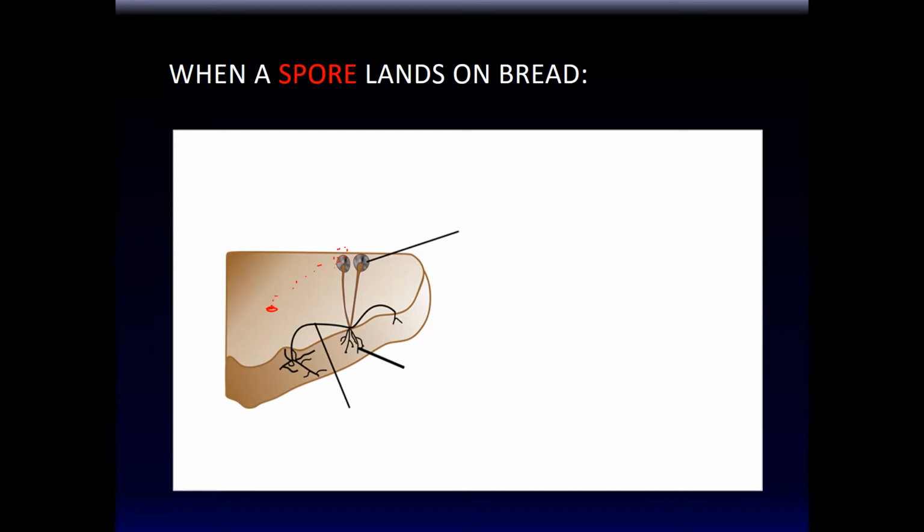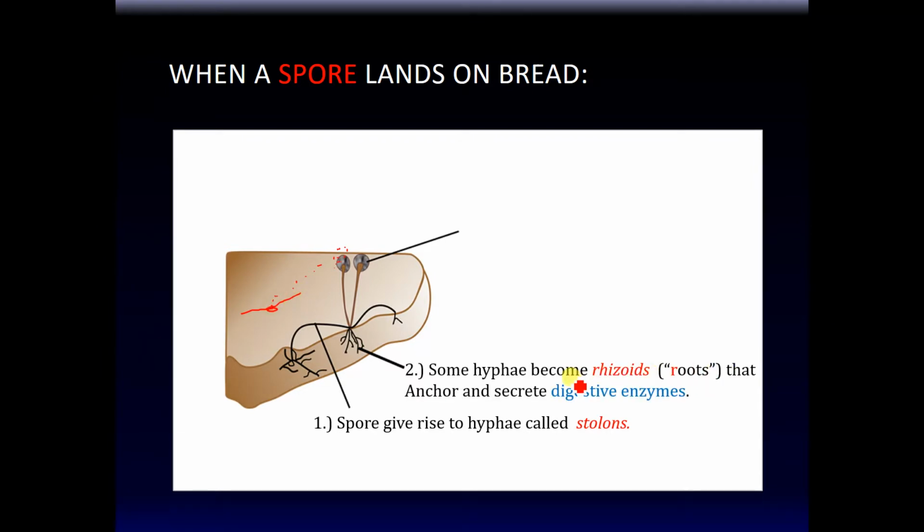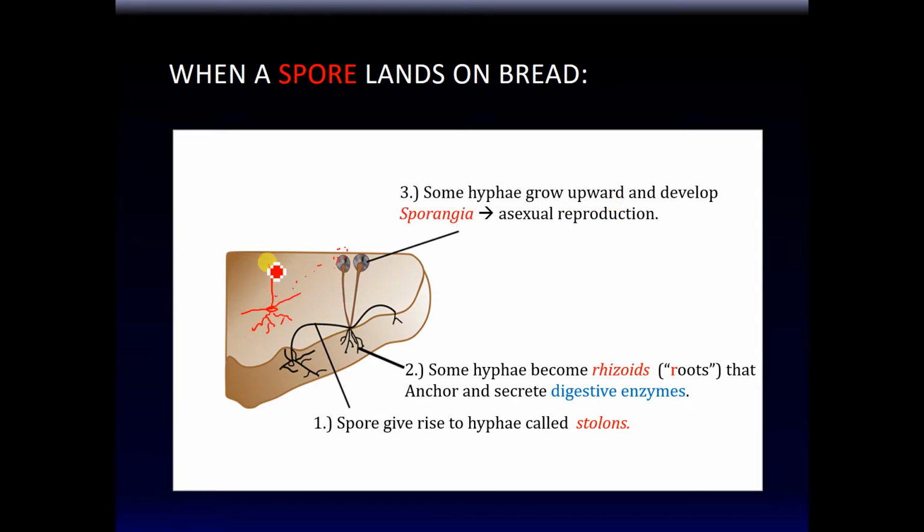The new spores will give rise to hyphae called stolons, and they'll spread out like this. Then some of these hyphae will give rise to the rhizoids, the roots, and some hyphae will go upwards over here, and they'll produce the sporangia producing organs like that.